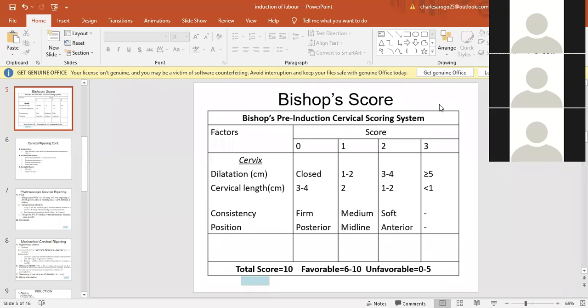I'm stressing this because it is extremely important. Especially in the early days, with little postgraduate work going on here, there was a lot of confusion among the medical officers we were working with about when to decide that there has been a failure of ripening.